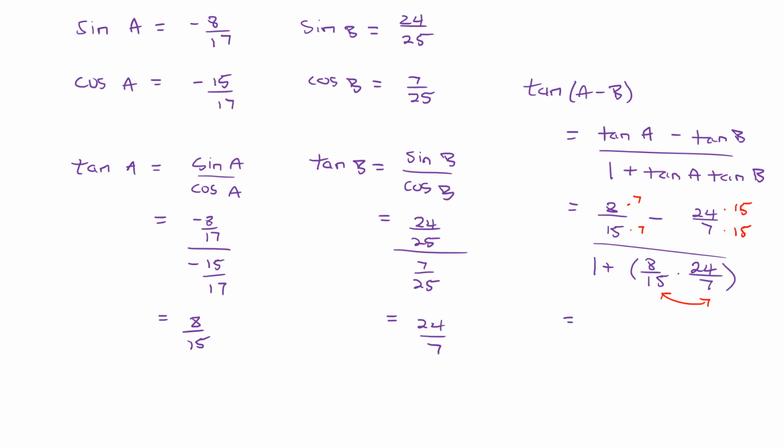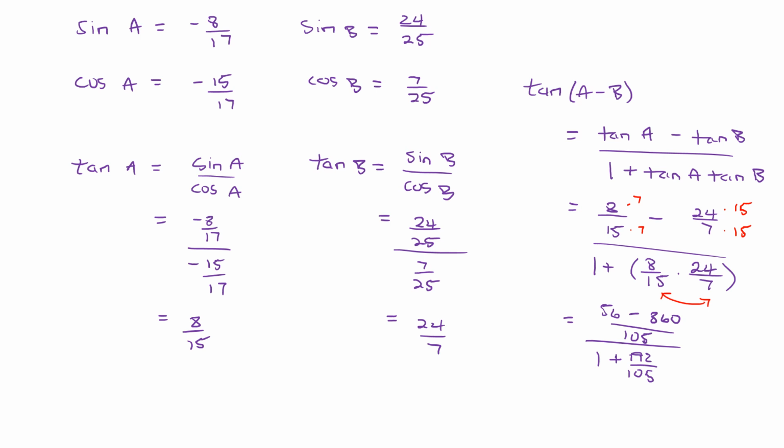So in doing so, we will get 56 minus 360 divided by 1 plus 192 over 105. Oops, our denominator is also over 105. My apologies, I didn't write the denominator. Let me quickly write that for you. So 56 over 105. Yep. Awesome.